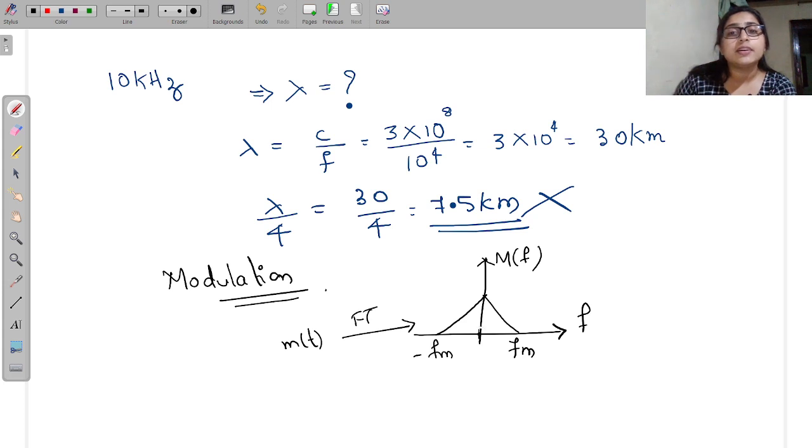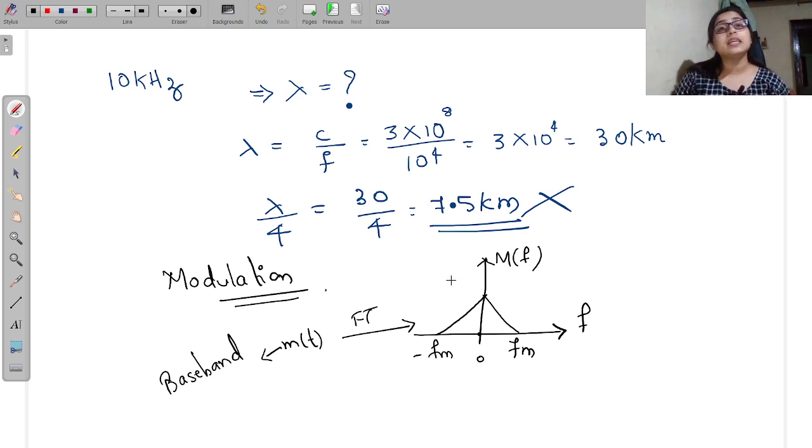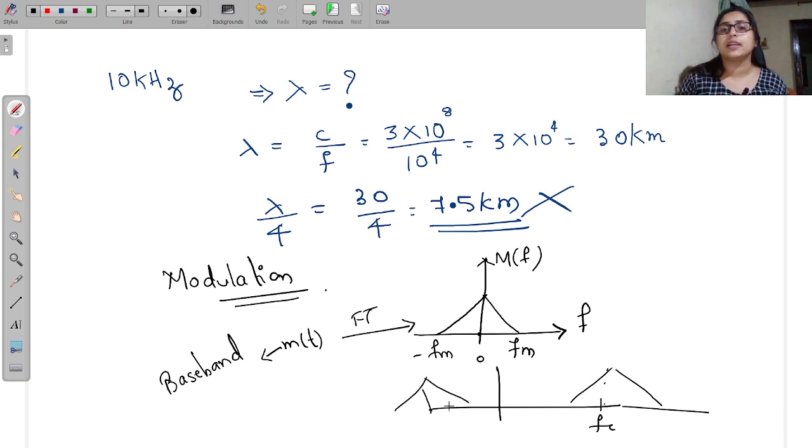Since this is centered around 0, it is called the baseband signal. What is band pass? Band pass is a signal which is centered at some frequency other than the origin. Suppose I have fc, here it will be centered like this.